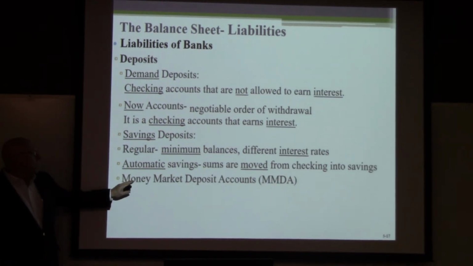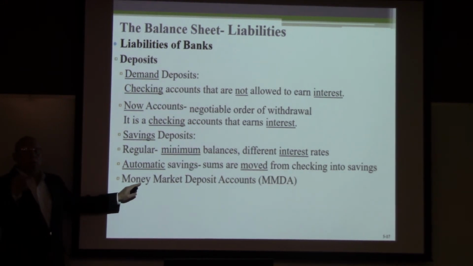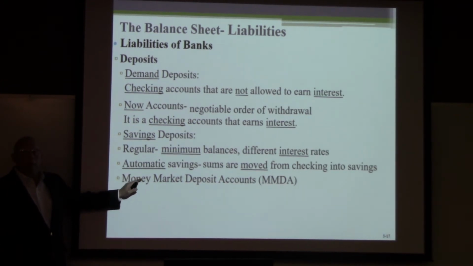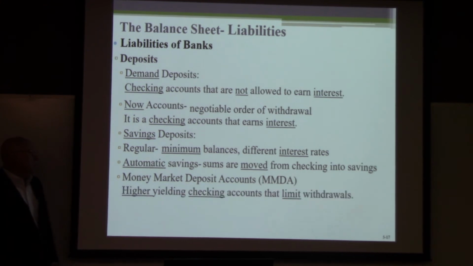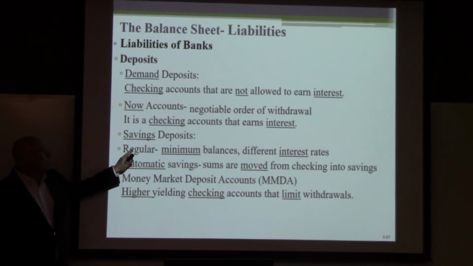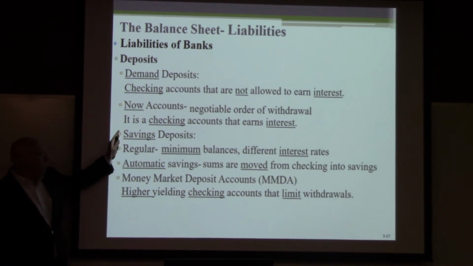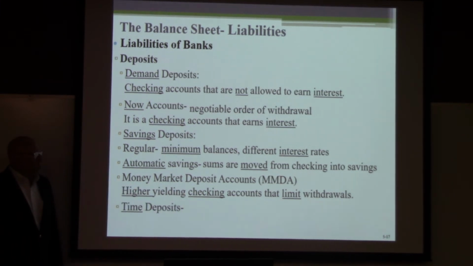Then an item called a money market deposit account. Please do not confuse this with a money market mutual fund. They are very, very different animals. MMDAs are just at commercial banks. These are checking accounts that have higher yields than the regular checking accounts, and they have limited withdrawal privileges.